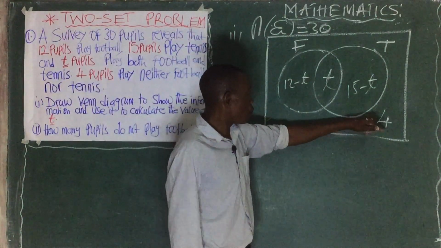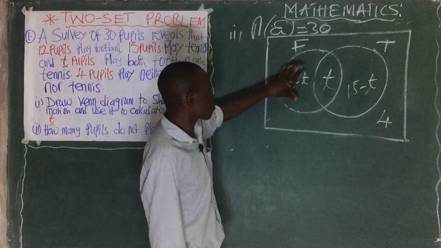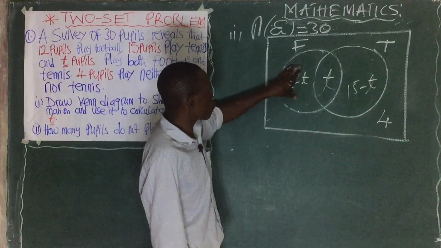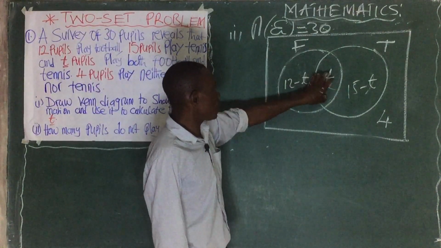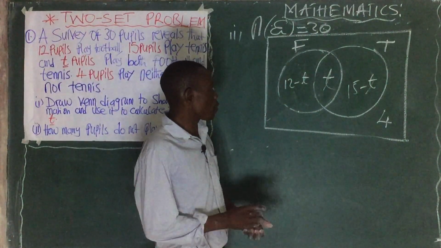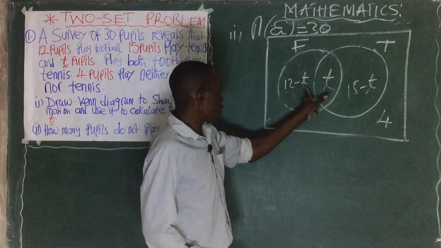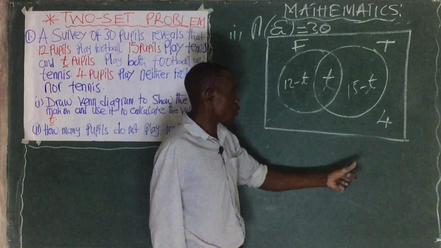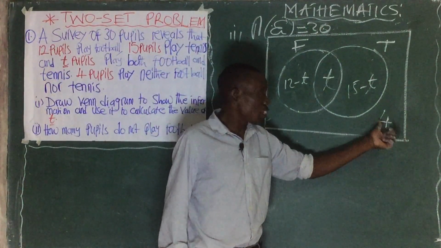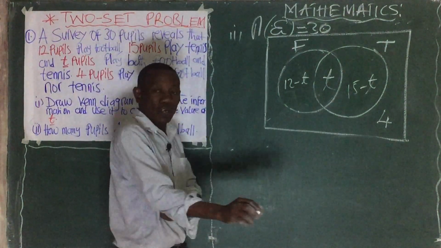There are 4. 4 is part of 30. And 12 minus t also represents the number who play football only, and is part of 30. T also is part of 30. This one is also part of 30. So to find the value of t, let's sum this expression, that expression, and the 4 aside. This should be equal to 30, the equation which can help us find the value of t.